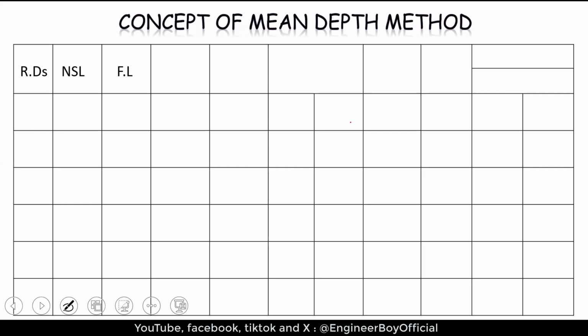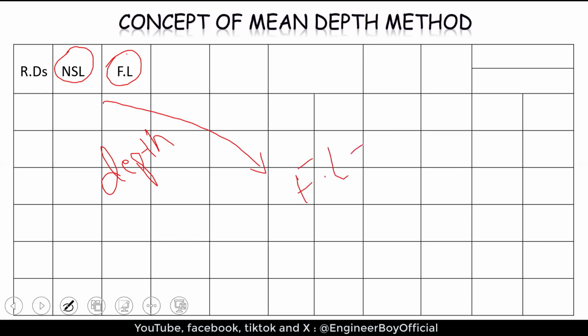If the depths are known at each station, you don't need to add these things in the table, just add the depth, very simple. And over here, the depth is what you get if you subtract any cell from the formation level, that's your depth.